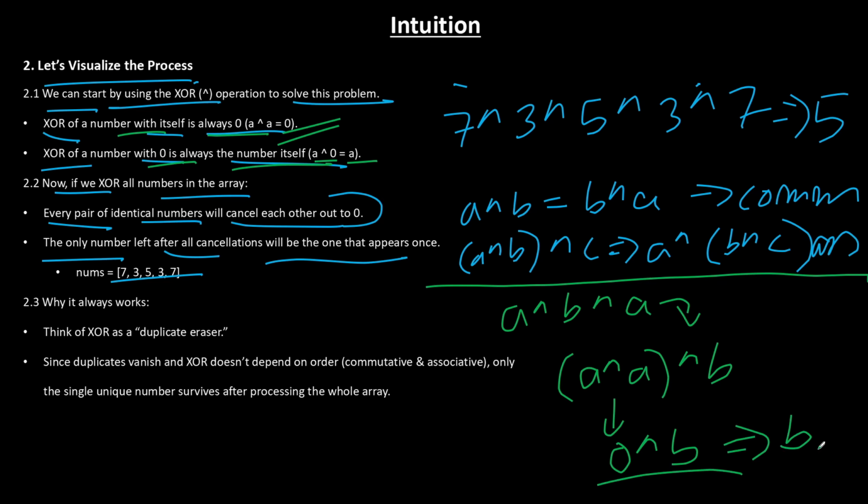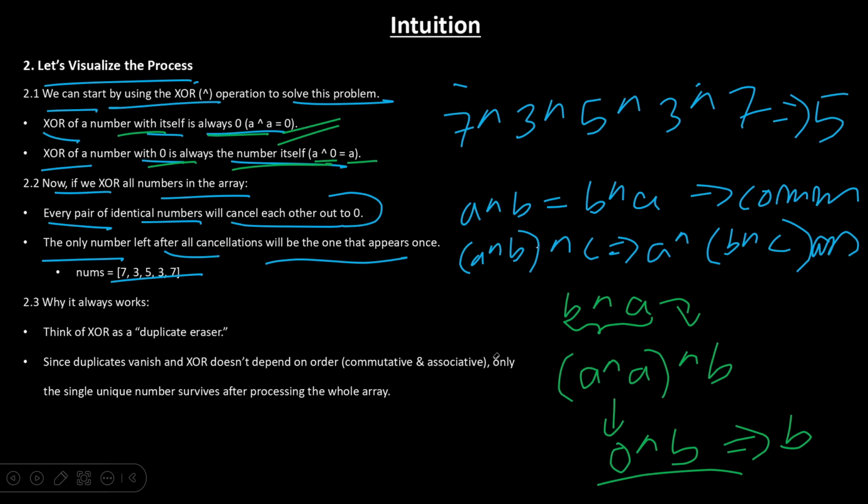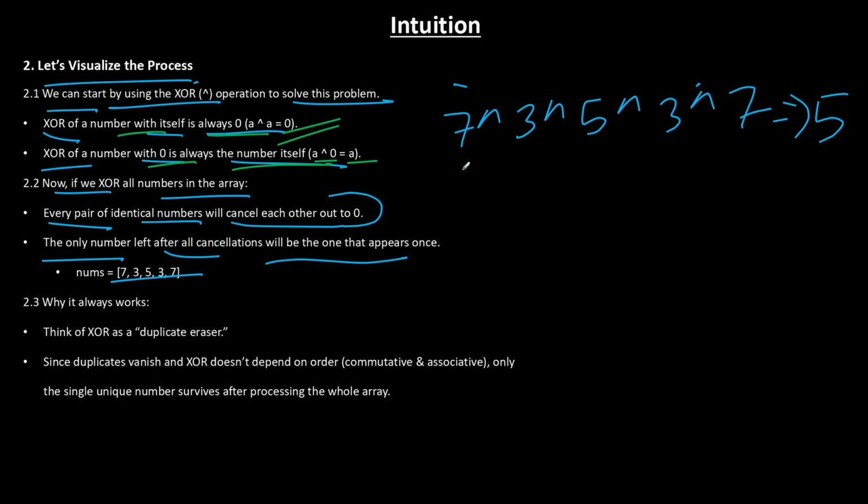Fine. I hope you understood this, because A XOR B and B XOR A is the same using commutative and associative properties. Using the associative property, what I did was bring A XOR A together, which was then XORed with B. Fine. So I hope you understood this explanation. So now let's apply that particular scenario here.